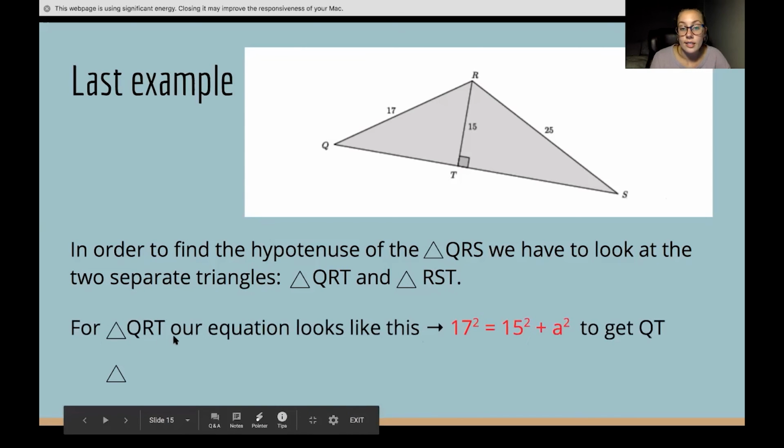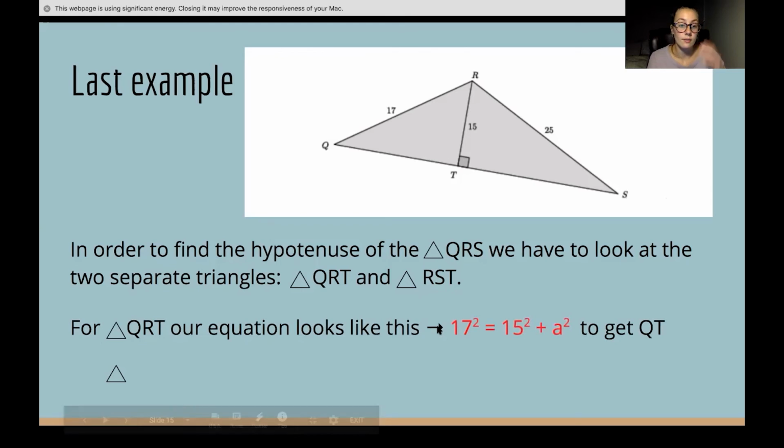For QRT, our equation looks like this. We are looking for QT, Q to T. So we have our C, our hypotenuse. Imagine there's a 90-degree angle right here. Diagonal of that is going to be our hypotenuse. So we have our C. This one's going to be the converse.